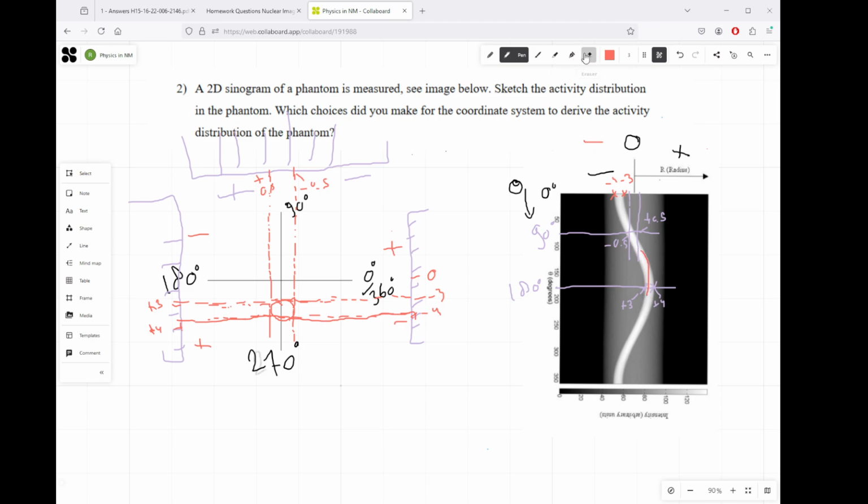Now we'll have a look at the other sinogram. What you notice is that, again, it has the same width throughout. So you're probably dealing with a spherical object.